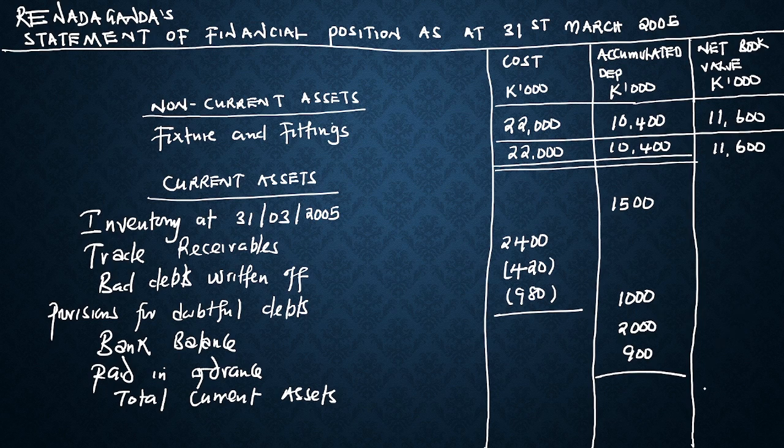5.4. That's 5.4. Then when you add to 11,600, what are you getting there? $17.